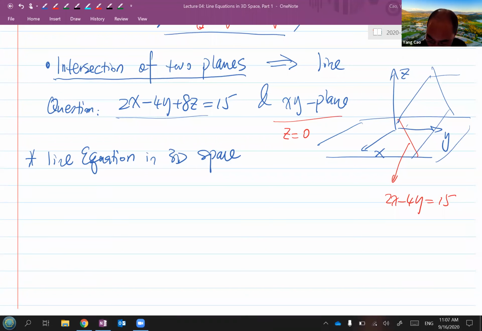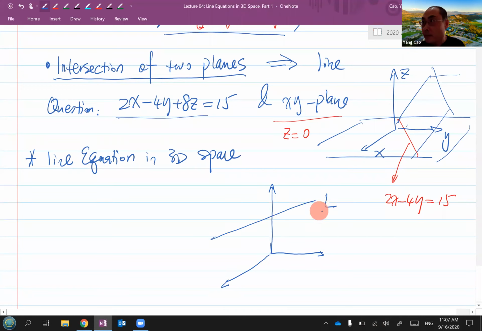First of all, we're talking about a line in 3D space. Here's a line, and I'm looking for this line equation.